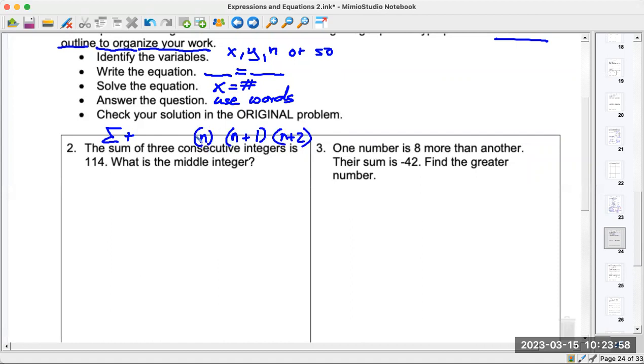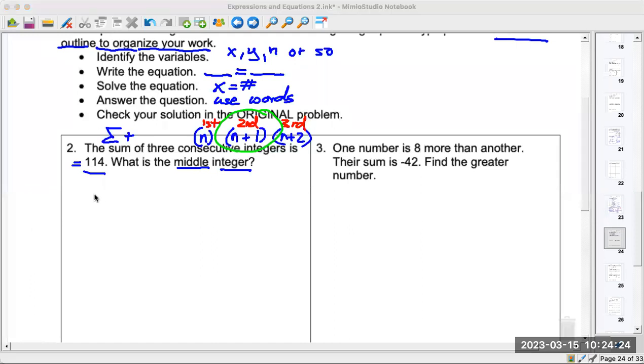You pick the first one, second, third. So it's always like that, because it's a 100 chart. And the sum is 114. What is the middle integer? We want that one.